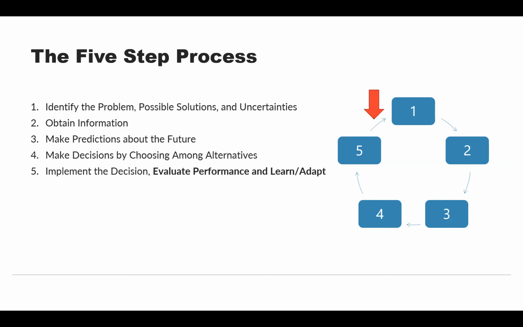So what you want to do is to avoid doubling down on a bad decision. So where I have the red arrow there between 5, which is the last step, and 1, you always should be going back and evaluating if this change is going in the right direction. And then what do I need to do given the problems I was trying to address?